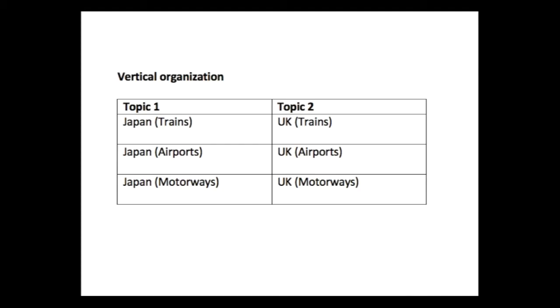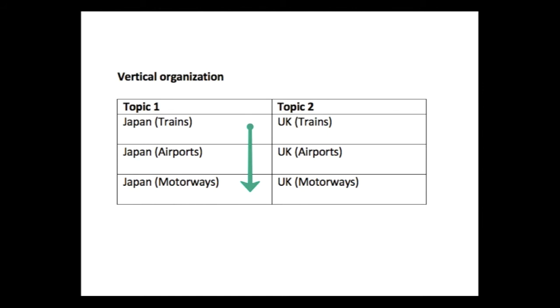The second way to organise a contrast or comparison report is to use a vertical organisation. As you write, you move up and down instead of across, as in this example. So topic 1 is about Japan and topic 2 is about the UK. So for topic 1, we would write about Japan and talk about trains, and then we would move on to Japan and talk about airports.